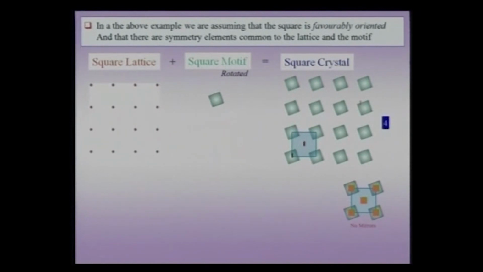And it requires a little bit of mental exercise to see that they actually survive, and that is left as an exercise to the students. So we see that the symmetry of the crystal is lowered with respect to the symmetry of the square lattice, but there is one symmetry element which is the same, which is this fourfold axis at the lattice points and between the lattice points.